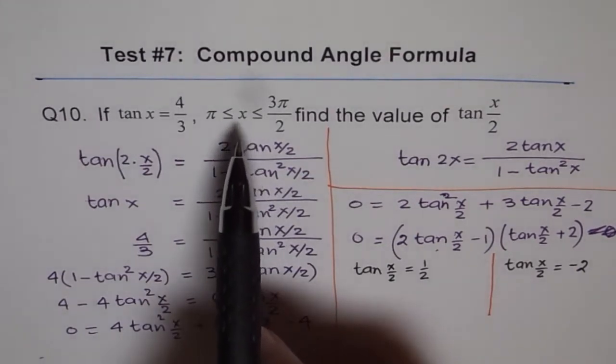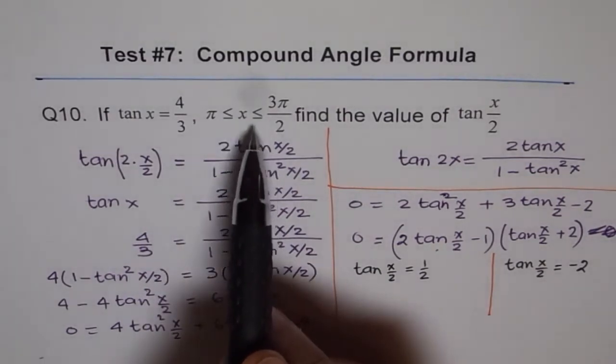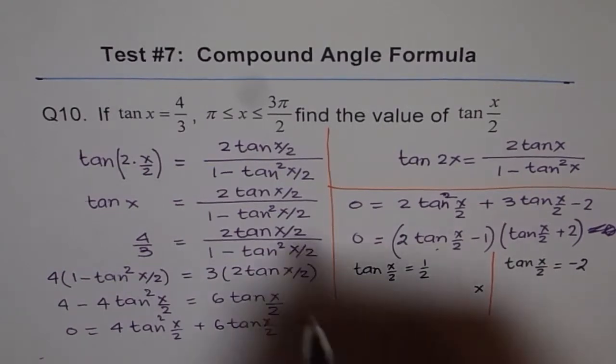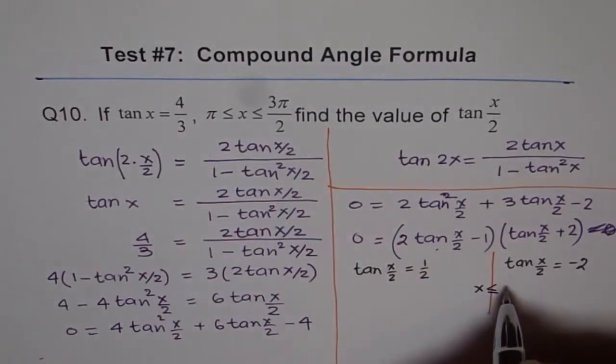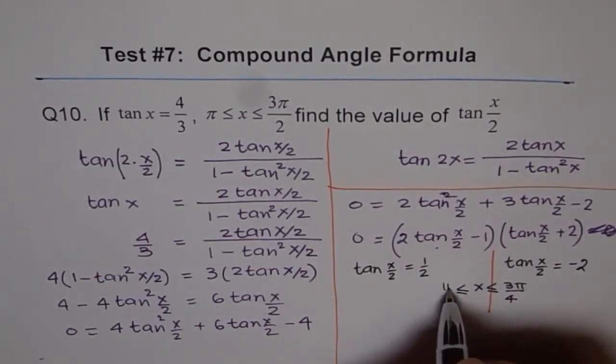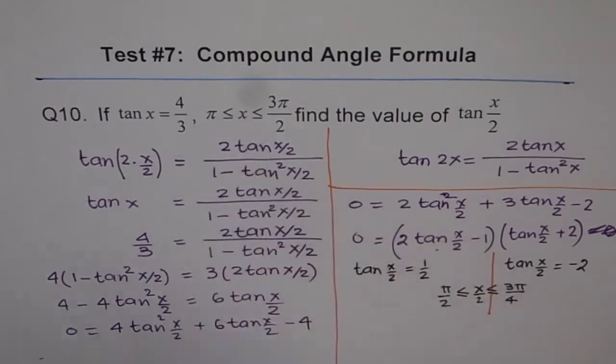Since we are interested in x by 2, we divide both sides by 2, and we get that x should be greater than or equal to pi by 2 and less than or equal to 3 pi by 4. So we divided everything by 2 in this domain, and we are looking for possible solutions where x by 2 is between pi by 2 and 3 pi by 4.